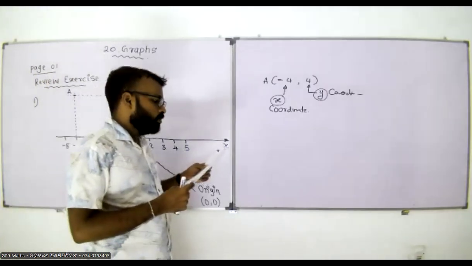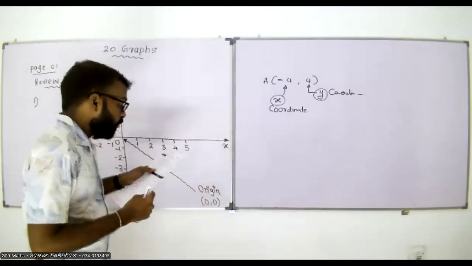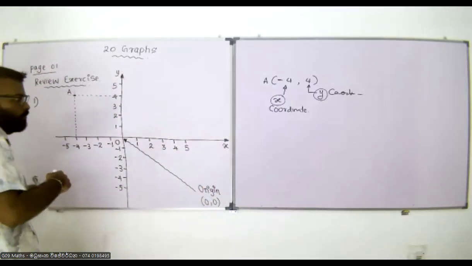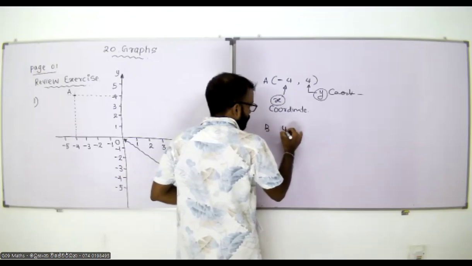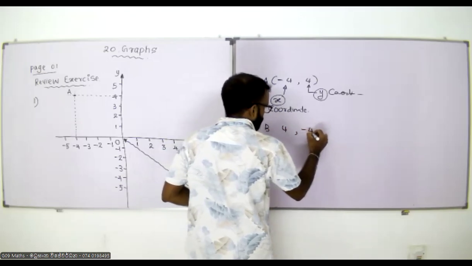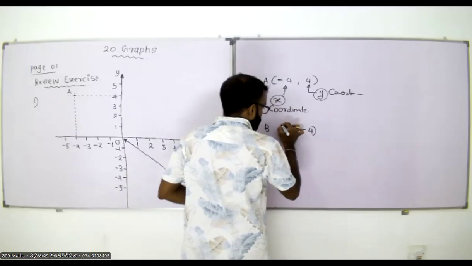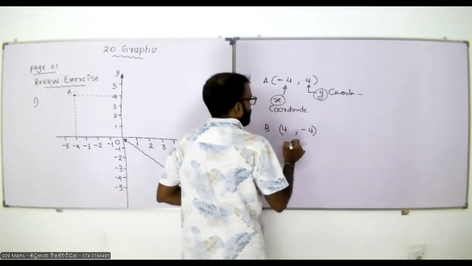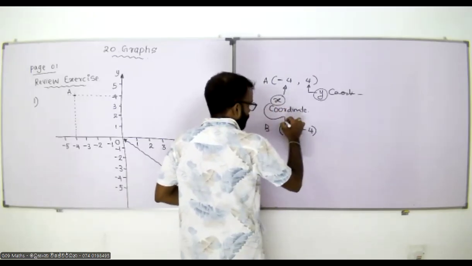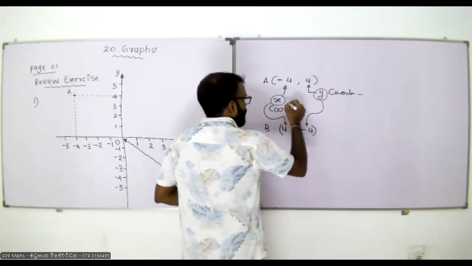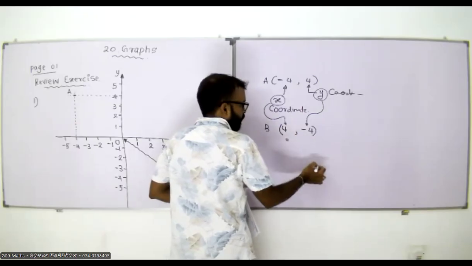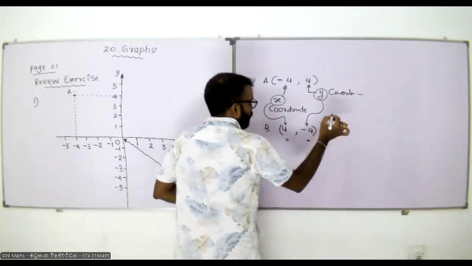They are asking you to mark point B, (+4, -4). The x coordinate is +4, and the y coordinate is -4.